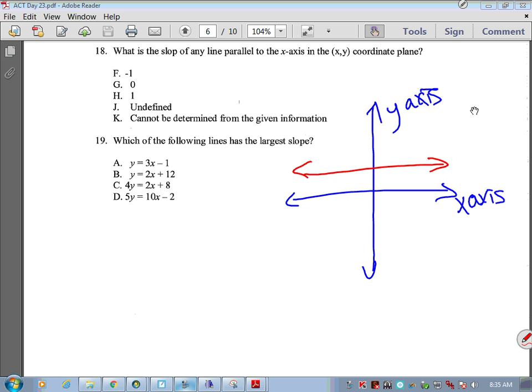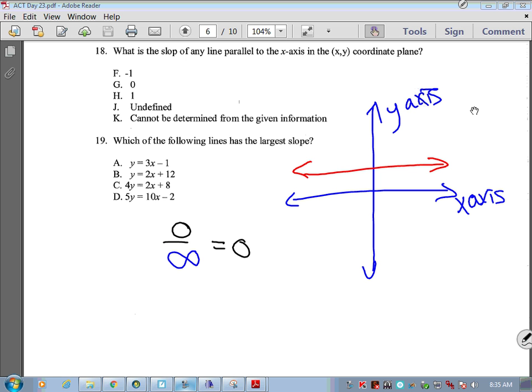So let's consider for a second what that looks like as a fraction. If it has run but no rise, what we're saying is that the rise is 0. The number on the bottom doesn't matter, it's technically infinity. But 0 divided by anything is what? 0.